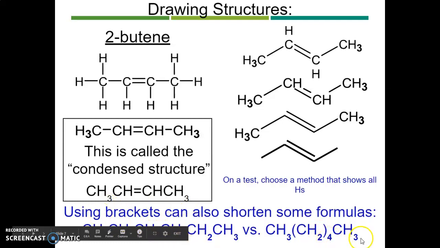I hate that this thing is in the way, but it's the same thing, just a condensed format. And then, of course, on the ends we have CH3. If you have the same exact inside in that formula, you can definitely represent it that way. All right, like the nonanes and the octanes and stuff like that. That would be good to do it with those. But again, it's not required.